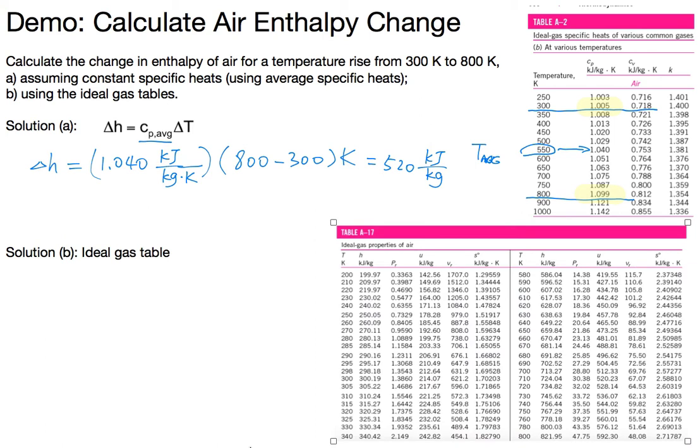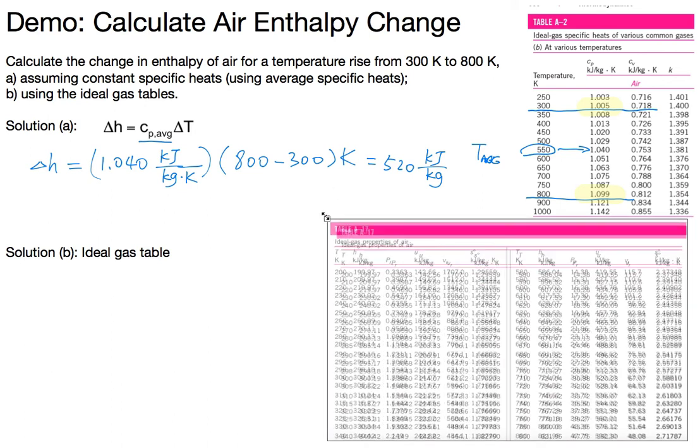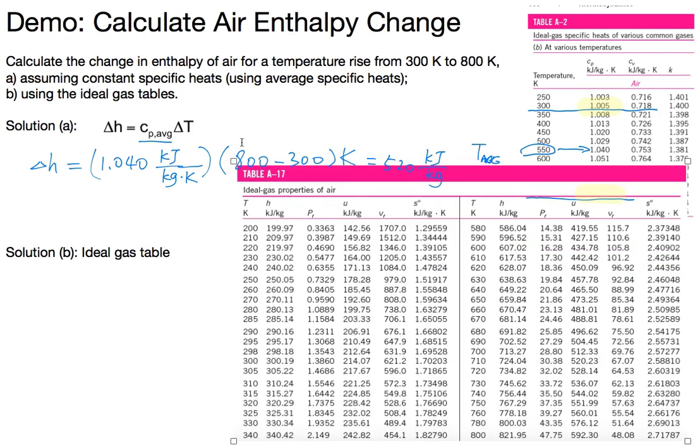Now the other approach is to use the ideal gas table for air, the ideal gas property table of air, and find the enthalpy at these two temperatures directly, and then find the difference or find the change in enthalpy. Let me zoom in a little bit. Okay, so here we need to find the enthalpy directly from temperature.